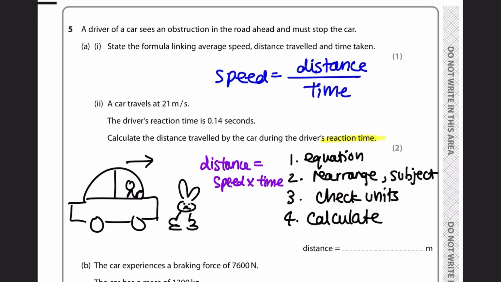The speed is 21 meters per second. The time is 0.14 seconds. So if you punch that into your calculator, you should get 21 times 0.14, 2.94 is the answer. And make sure you read the question. Sometimes they ask you to write it to 2 decimal places or 1 decimal place or 2 significant figures. Read the question carefully.